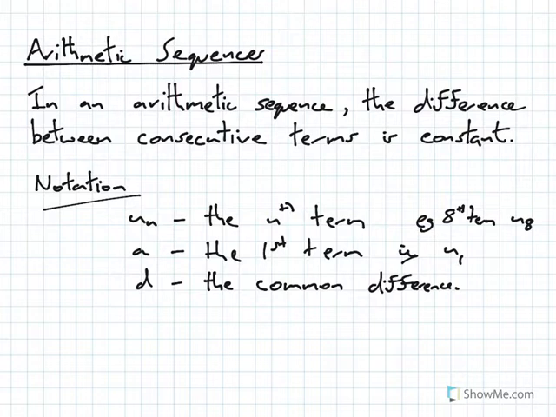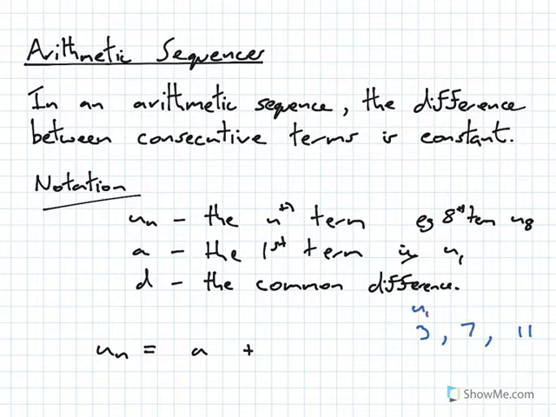Okay, so sticking all these things together, we can define a sequence. We can define a sequence by saying the nth term of my sequence is the first term plus some amount of the common difference. So if I think about a sequence which starts with 3 and goes up in 4s, I get 3, 7, 11.